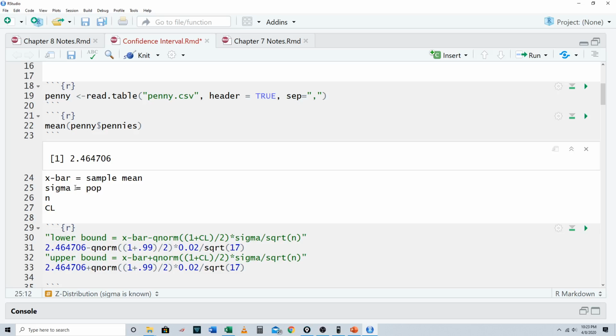This is the population standard deviation. All right, sample size and confidence level. So, the formula uses X bar. And again, you have your lower bound and you have your upper bound, and the only difference is this is a plus, that's a minus.